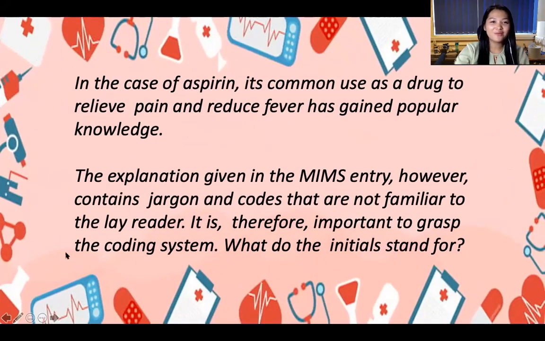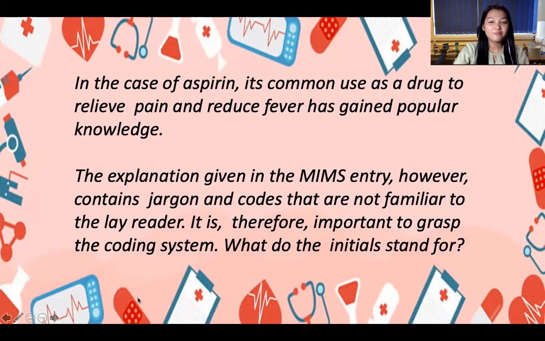Okay, let's have this one. In the case of aspirin, it is a common drug to relieve pain and reduce fever that has gained popularity in knowledge, meaning to say it's somewhat popular already to people what aspirin is. And the explanation given in the MIMS entry, however, contains jargon and codes that are not familiar to the lay reader.